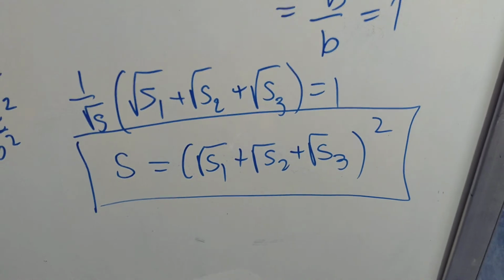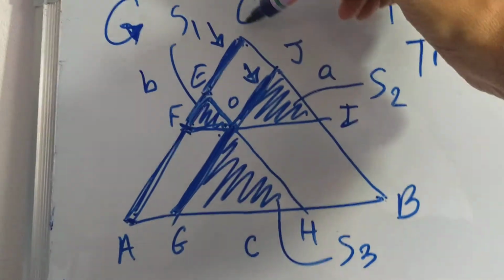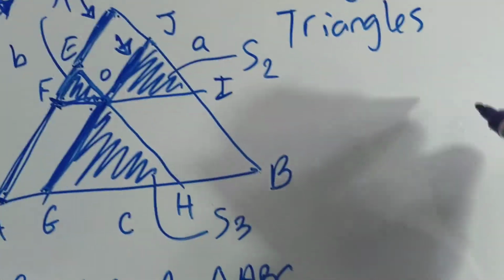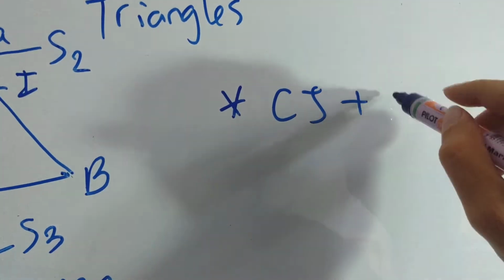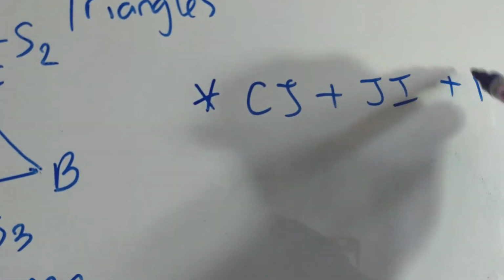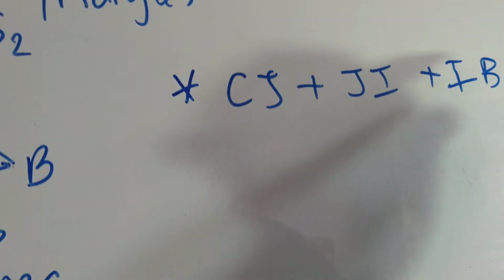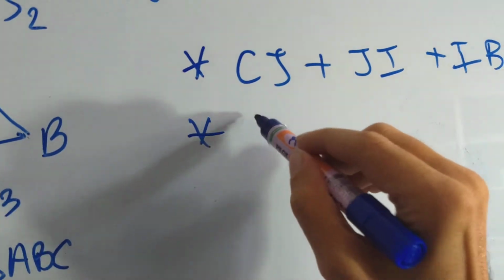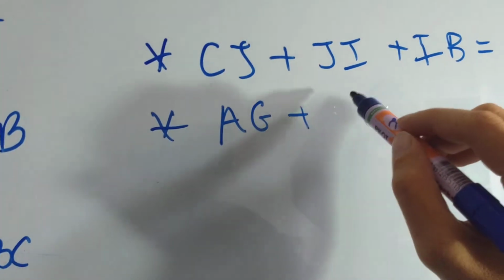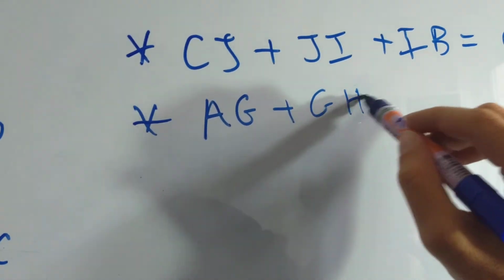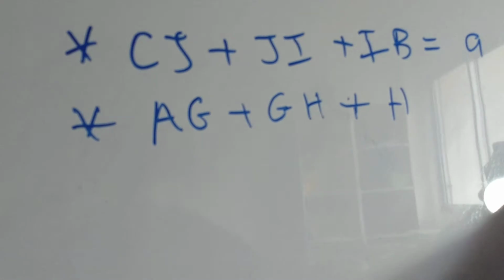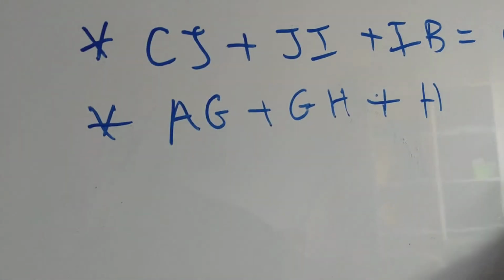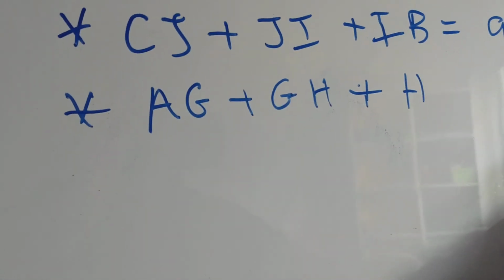Now, you're probably thinking something like this. What if I would have started on this side? Yes, indeed. Why don't you try? Use this identity, CJ plus JI plus IB equals A. Or use this identity, AG plus GH plus HB equals C here.